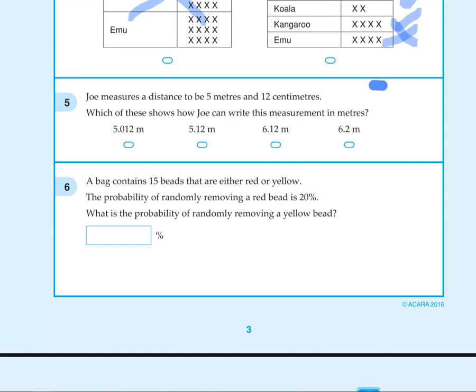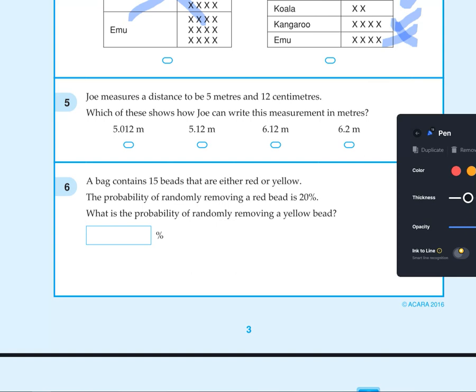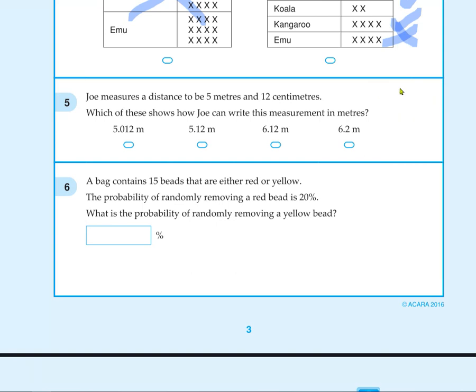So, oh, that's way too big. So 5 meters is really 500. But obviously if you add the 12, it will be 512 centimeters. To turn into meters, you've got to move the decimal place 1, 2 across from where it would normally be. So 5.12.